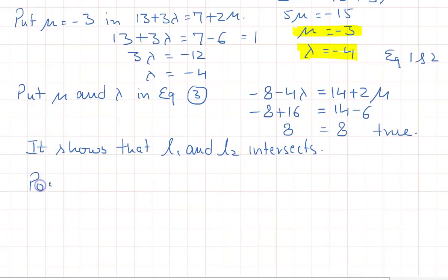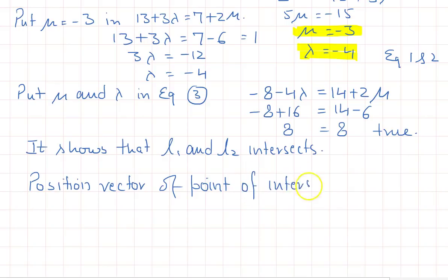So the position vector of the point of intersection, we have to find the position vector of the point of intersection. So we are going to put these values of mu and lambda.